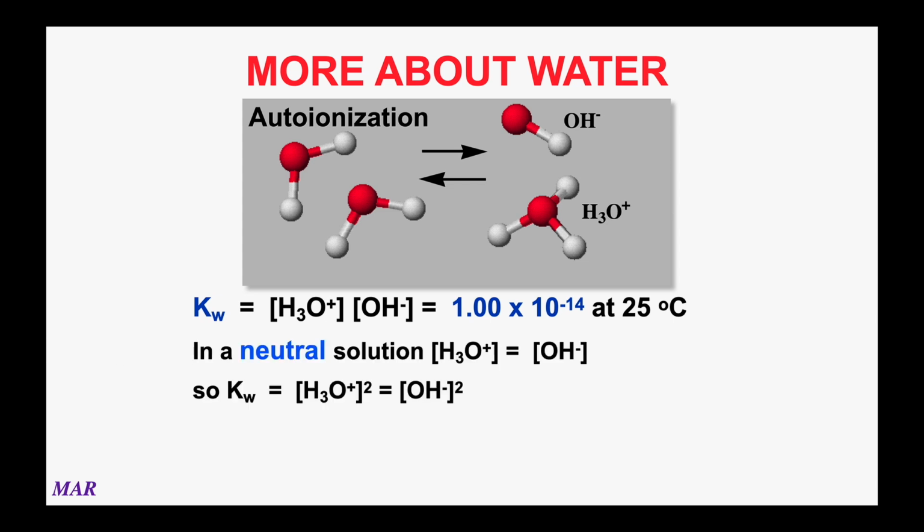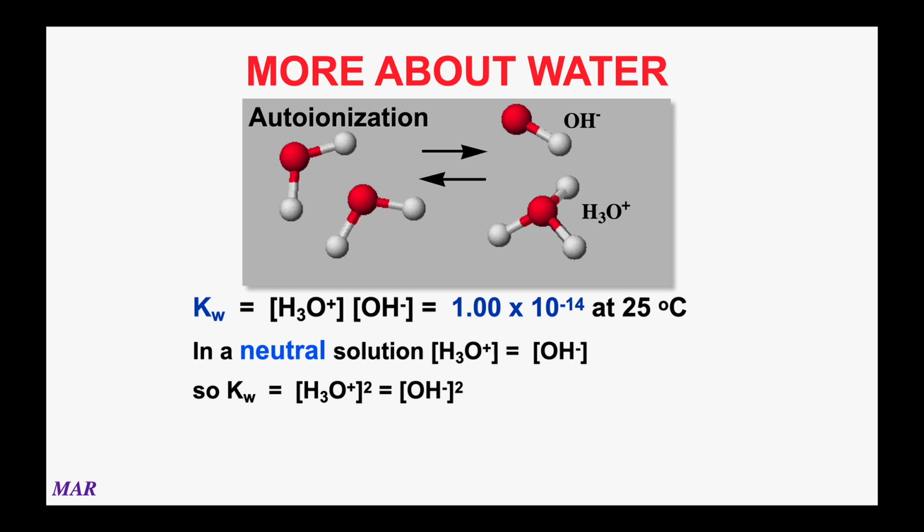In a neutral solution, you should have then just as much hydronium as you have hydroxide. And we want to drink neutral water, right? We don't want to drink water with an excess of acid or an excess of base. So if hydronium and hydroxide are equal, then Kw, which equals hydronium times hydroxide, is basically equal to hydronium squared or hydroxide squared, because it's going to be the same thing in a neutral solution.